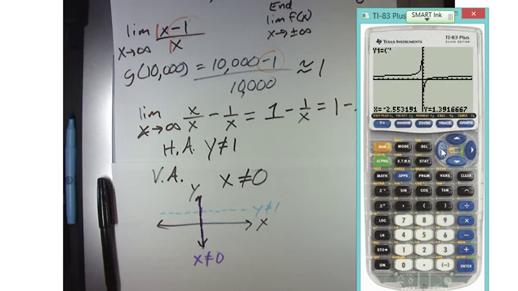As I approach negative infinity in the x direction, what does my y value appear to be approaching? 1. Very good. Now if I approach positive infinity in the x direction, in other words, as I move to the right, what does my y value look like it's approaching?